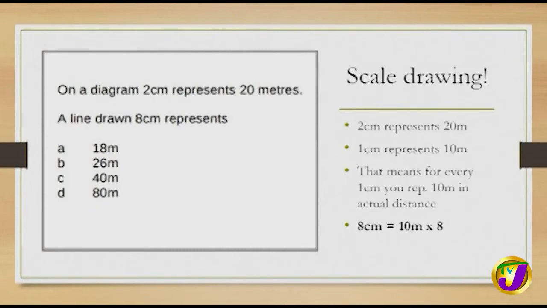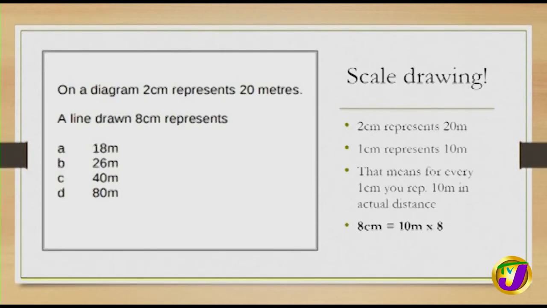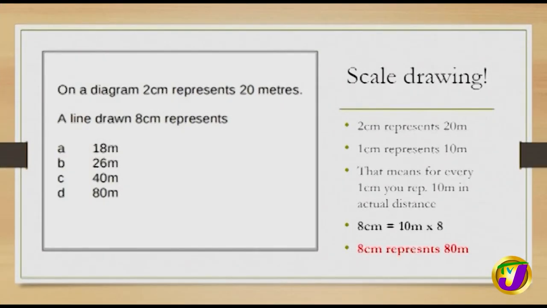So for every centimeter, you get 10 meters. And how many centimeters do you have? 8. So 8 multiplied by 10 gives us 80 meters. So 8 centimeters represents 80 meters. All right.